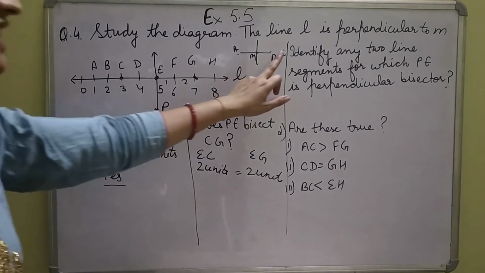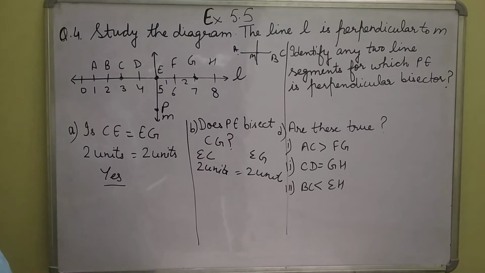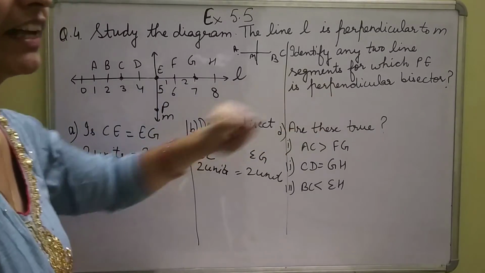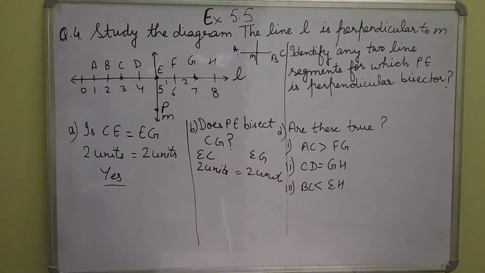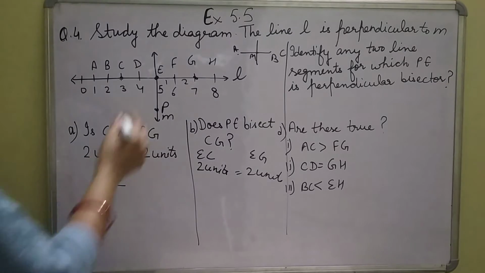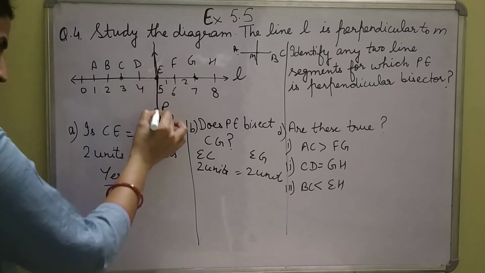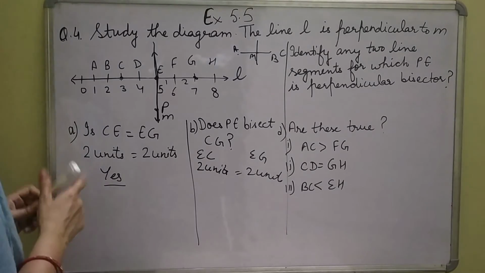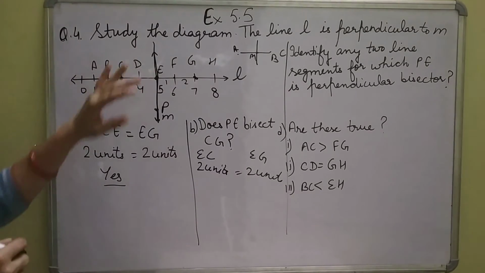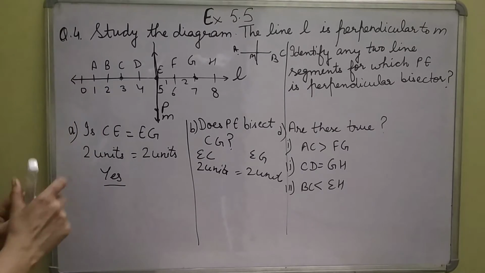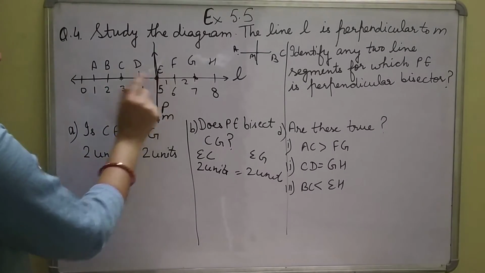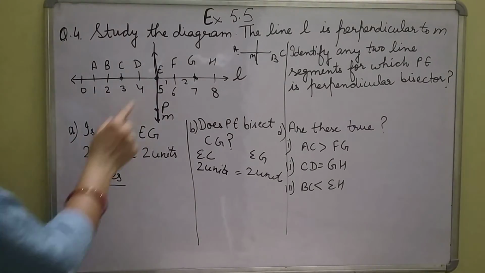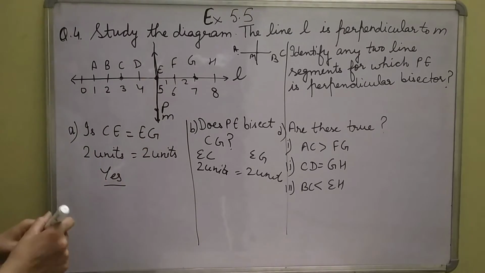Then part C is, identify any 2 line segments for which PE is the perpendicular bisector. This is our PE. Perpendicular bisector means the angle is 90 degrees, and bisector means from the point where they intersect, the gap should remain the same.